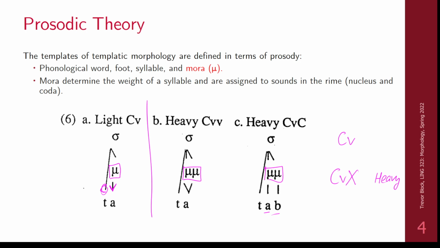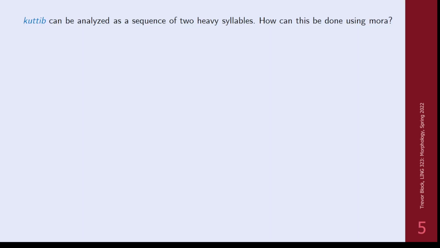So one Mora is light, two Mora are heavy. So kutib can be analyzed as a sequence of two heavy syllables. So before we just had the CVCCVC template with KTB and then U and I, but we can take a look at this in terms of its prosody.